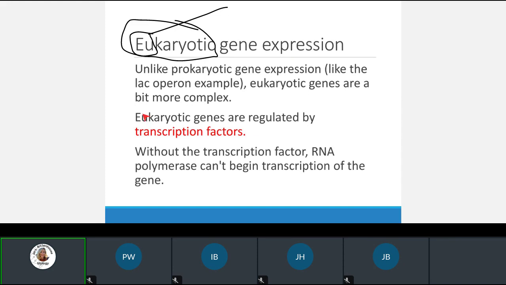They're more complex. Eukaryotic genes are regulated by transcription factors. We remember transcription, right? Transcription and translation, when we get the RNA from the DNA and bring it to the different organelles of our cells. Without the transcription factor, RNA polymerase can't begin.